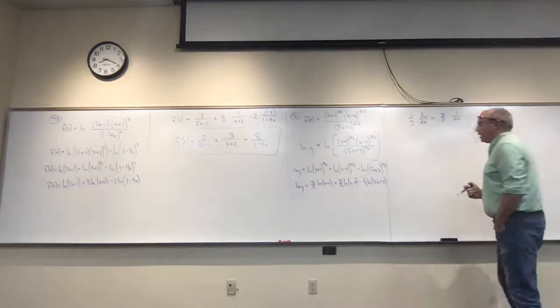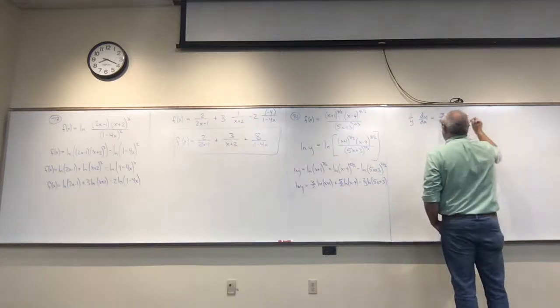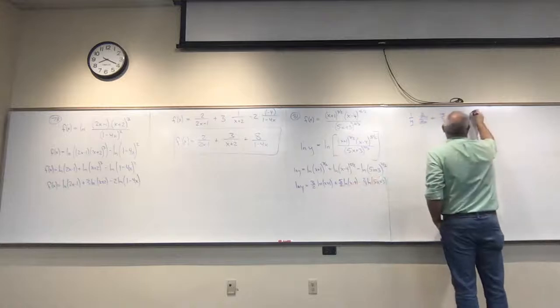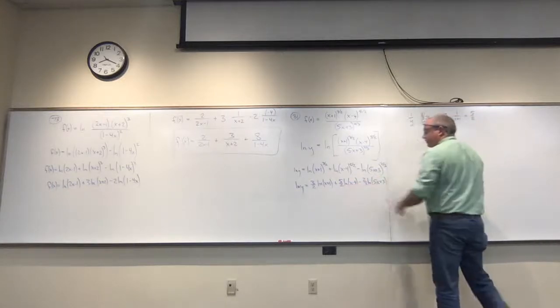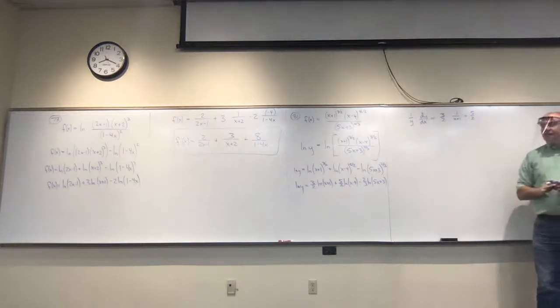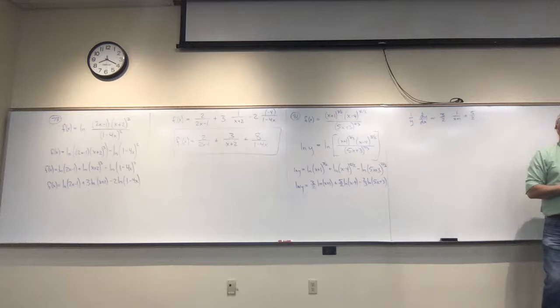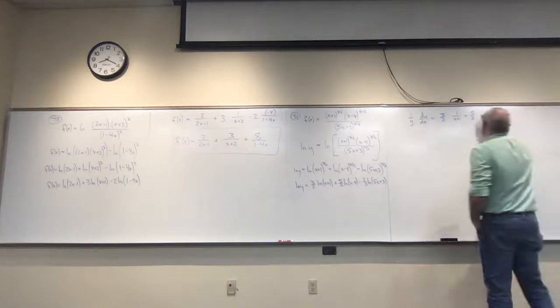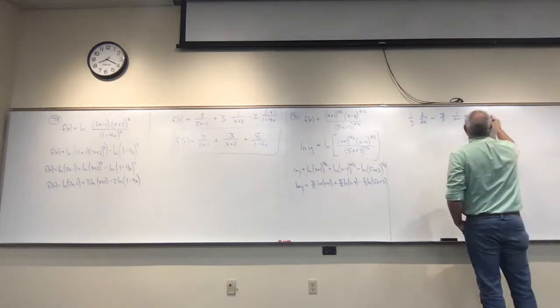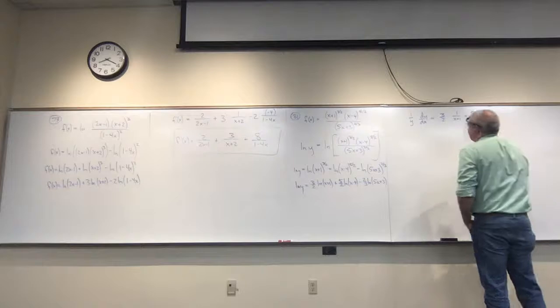Okay. And then I get plus 5/2 times the derivative of ln of x minus 4. So what's the derivative of ln of x minus 4? 1 over x minus 4 times 1, I suppose. So it's times 1 over x minus 4.